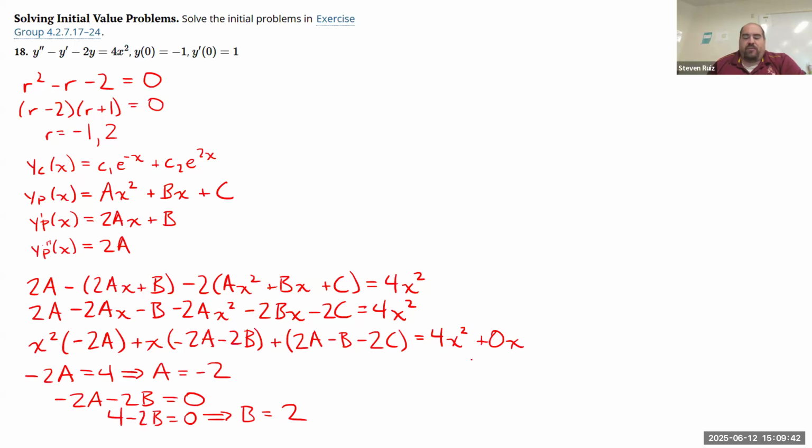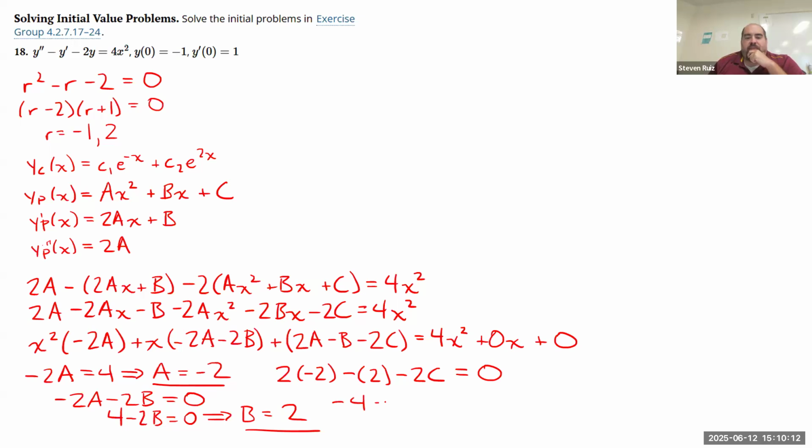All right, so we got two pieces of information: a equals negative 2, b equals 2. Now we can use that final piece of information with the constants to figure out what c is. So I know that 2 times a minus b minus 2 times c equals whatever our constants equal on the right-hand side, which is 0. So what do we get for c?